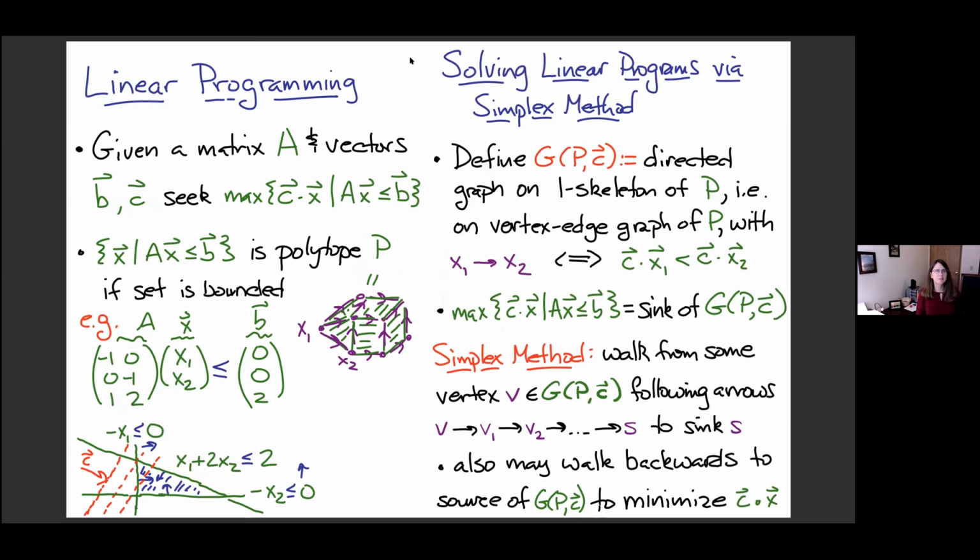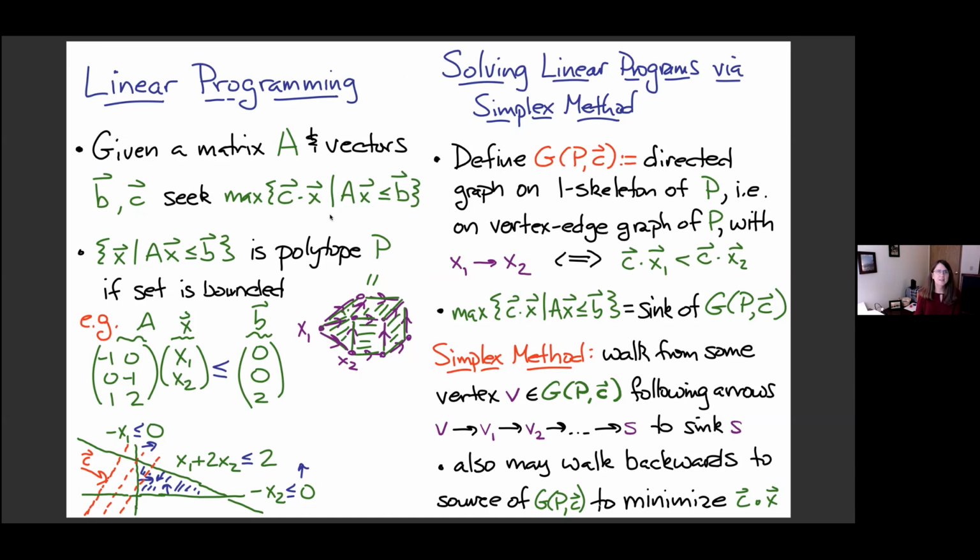Given a matrix A and vectors B and C, all real, we may want to know the largest dot product C dot X you can get, for fixed C and B, where the matrix A times the vector X is less than or equal to the vector B. That means each coordinate in AX is less than or equal to the corresponding coordinate in B.